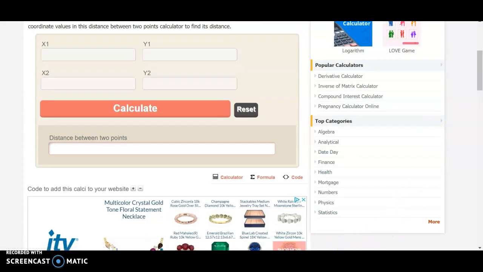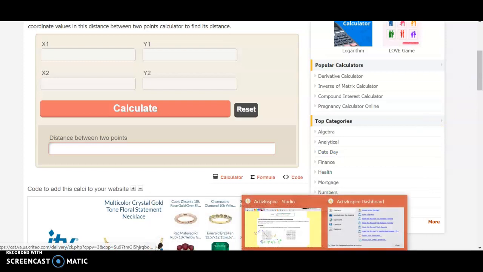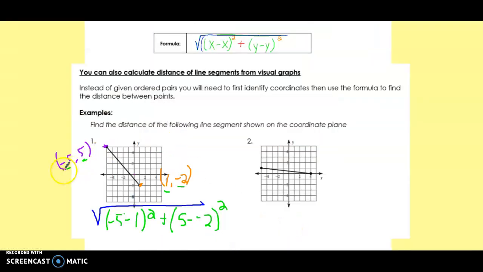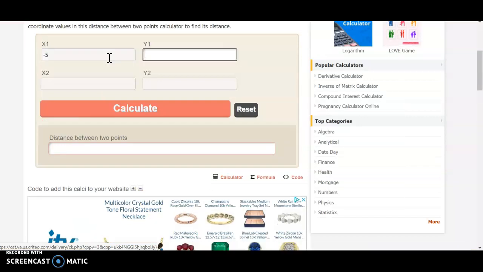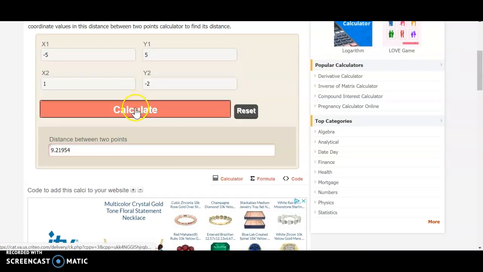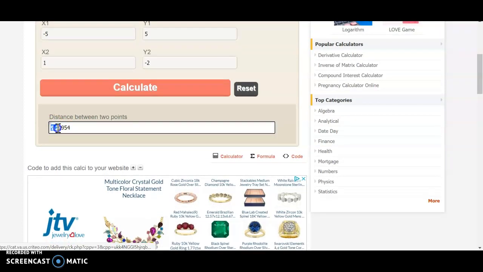Once you have determined what the coordinates are on your visual graphic there, we can plug them in. So remember, we have -5, 5, 1, -2. So again, my first ordered pair is -5, 5, and then 1, -2. You can simply throw those coordinates in there, hit calculate, and again, I'm still looking for your answers to be rounded to the nearest tenth, which is one number after the decimal.